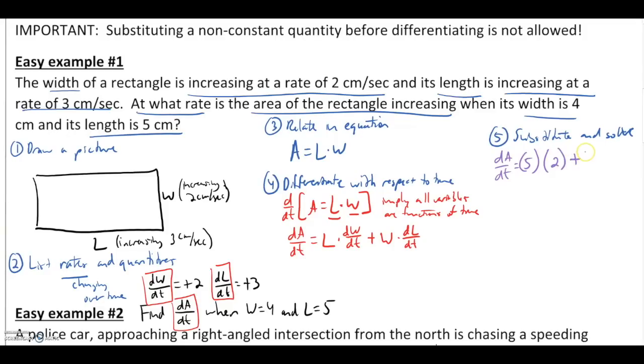Plus, the W value at this specific point in time where I want my rate of change for the area is 4, and the rate of change for length throughout the problem, dL/dt, is 3. Putting that all together, we will get that the rate of change for the area at this moment in time is going to be 22, and the units, well, units for area would have to be centimeters squared over my units for time, seconds.